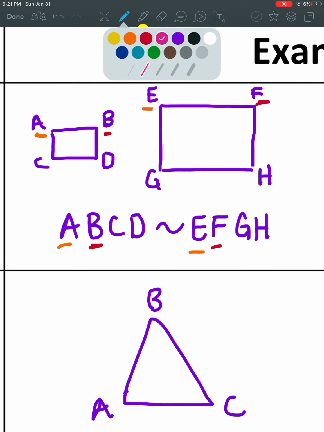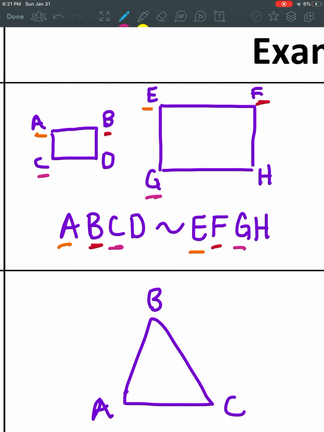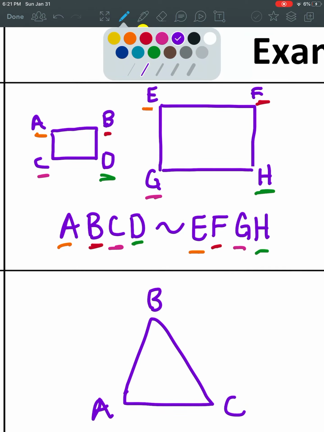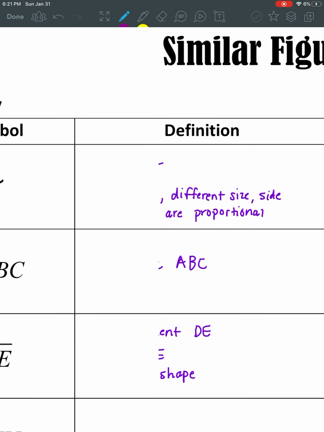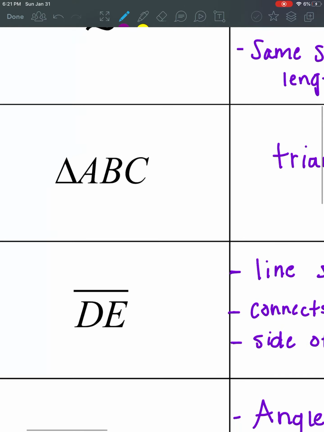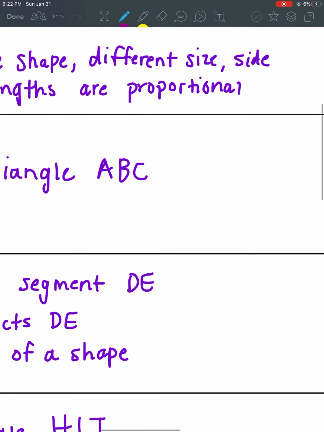Then B comes after the A, and F comes after that E. So if you notice, all of these side lengths do match up. C and G, and then lastly we have D and H. So we have to write similarity statements correctly, but in the end, how we would say this is rectangle ABCD is similar to rectangle EFGH.